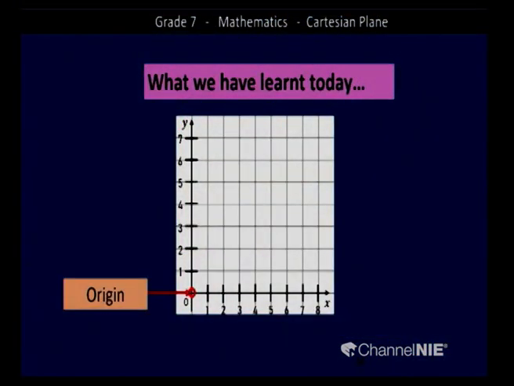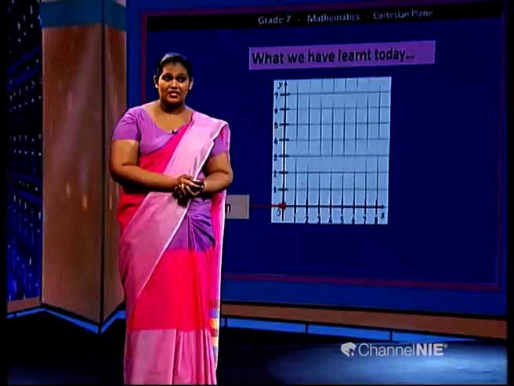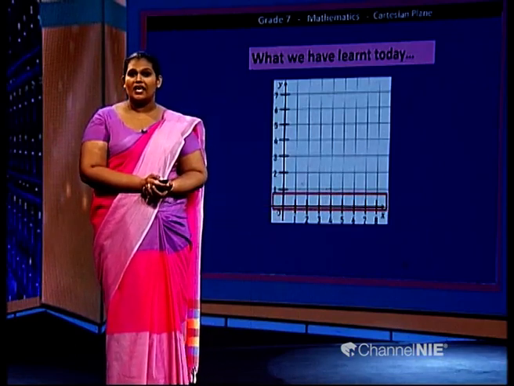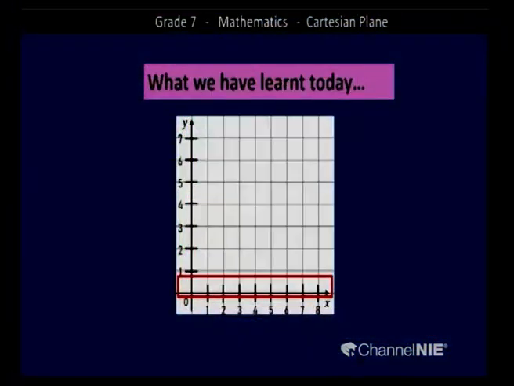Then there are two axes in the Cartesian plane. First one is the x axis and the second one is the y axis. Then we have learnt how to write the coordinates of the points that are already plotted on a Cartesian plane.